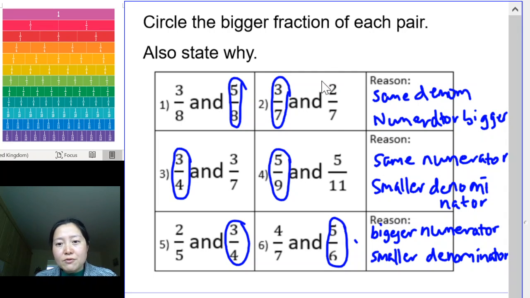So if you have gone through these questions and got all these answers correct, that's really quite good already. You might think that the last one is very tricky because you have to think which one goes bigger and which one goes smaller, and all those names, numerator and denominator, might be a bit confusing. Like I've done some wrong name calling in the second row. So that's easily done.